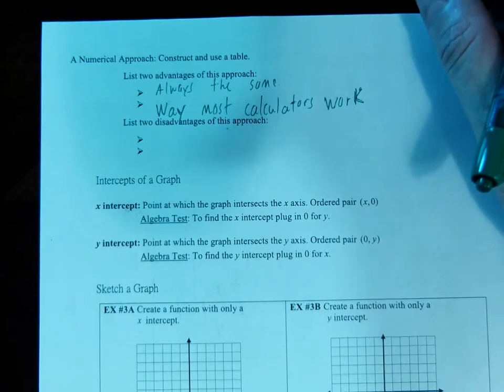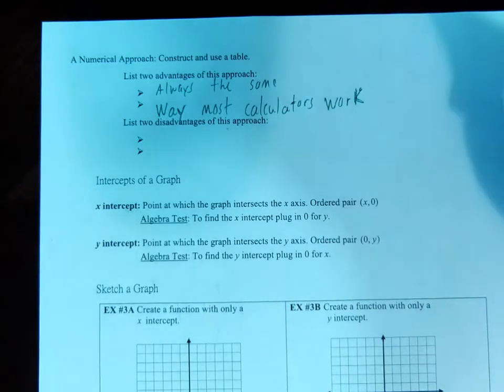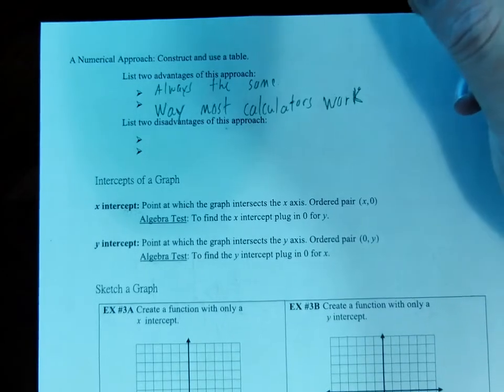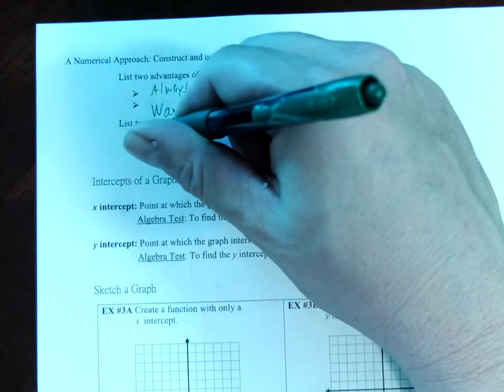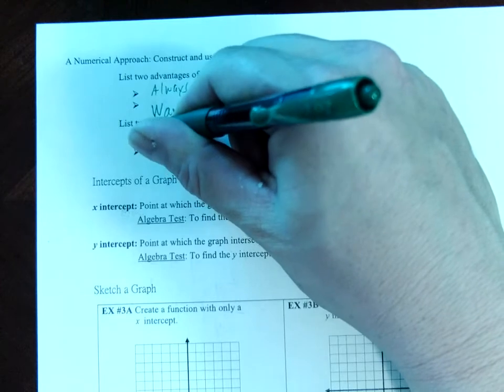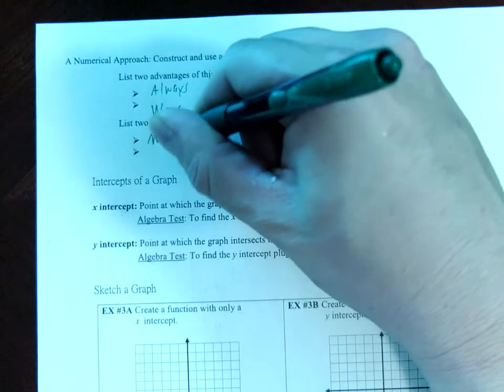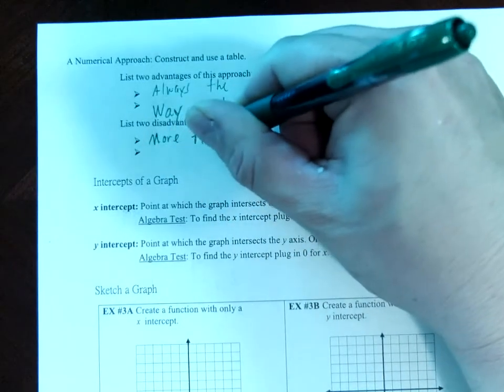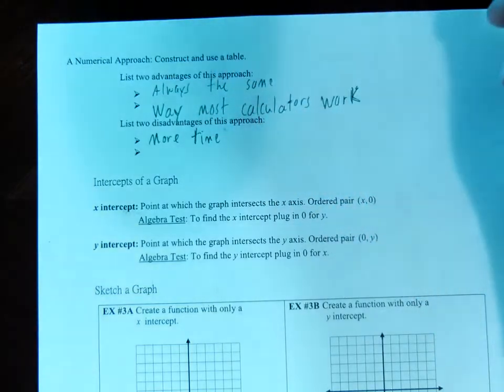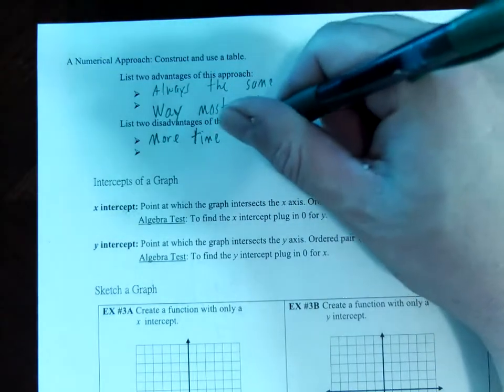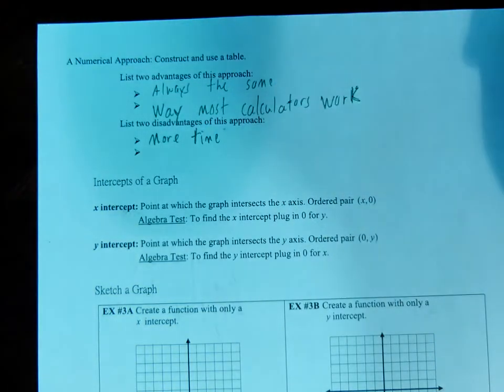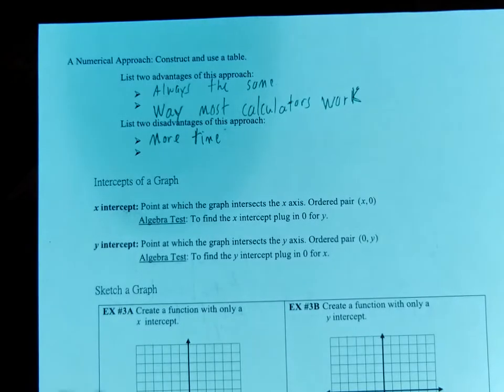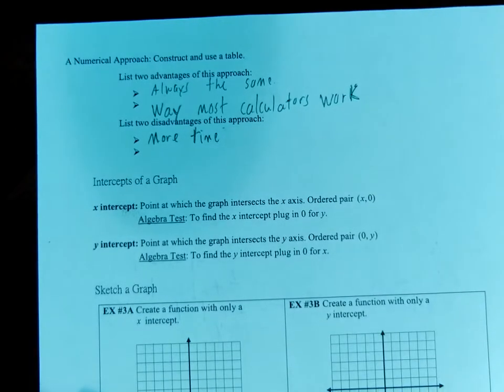The two major disadvantages of this approach. The first major disadvantage is that it takes time. It's more time consuming. As you saw from this approach, most of you can graph that line much more quickly using slope-intercept. The second main disadvantage is sometimes it's ineffective.